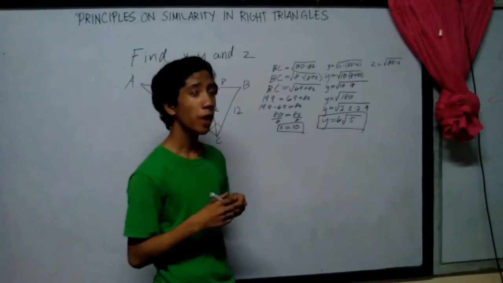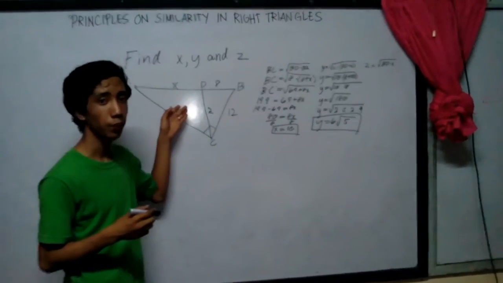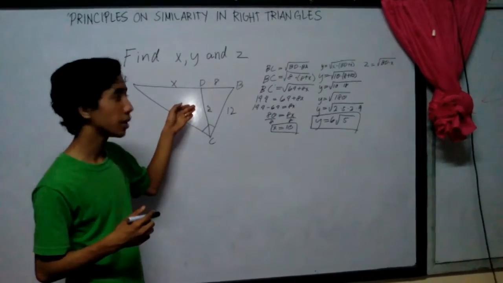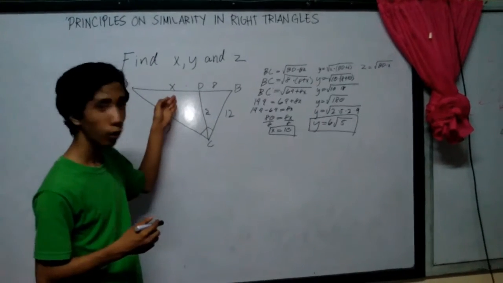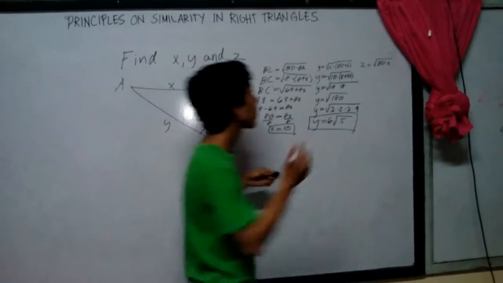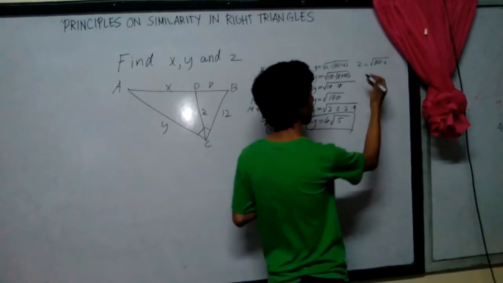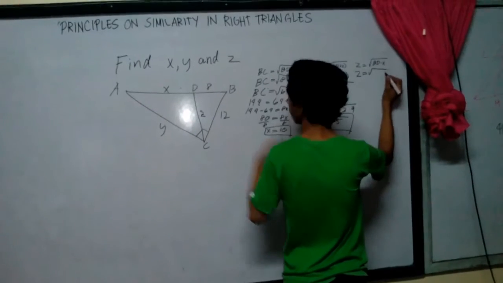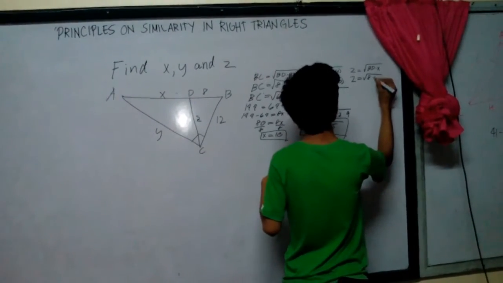Now, finding z. For the last equation, z is the altitude. So, by corollary 1, z is the geometric mean of the two segments, BD and AD, or x. Now, z would be equal to the square root of BD times x. z is equal to the square root of BD, which is 8, times x, which is 10.